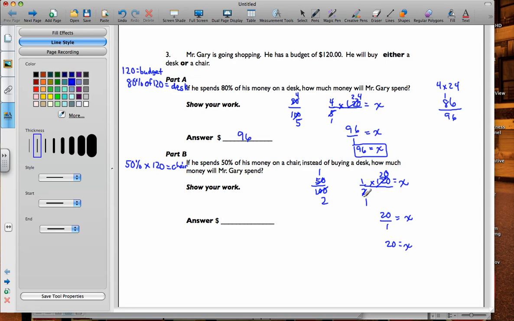Oh, sorry about that. 2 goes into 12 6 times. Okay? 6 times 2 is 12. Take 12 away from 12, you're left with 0. And 2 goes into 0, 0 times. So you're left with 60 over 1, which is 60. Okay? $60 is your answer.